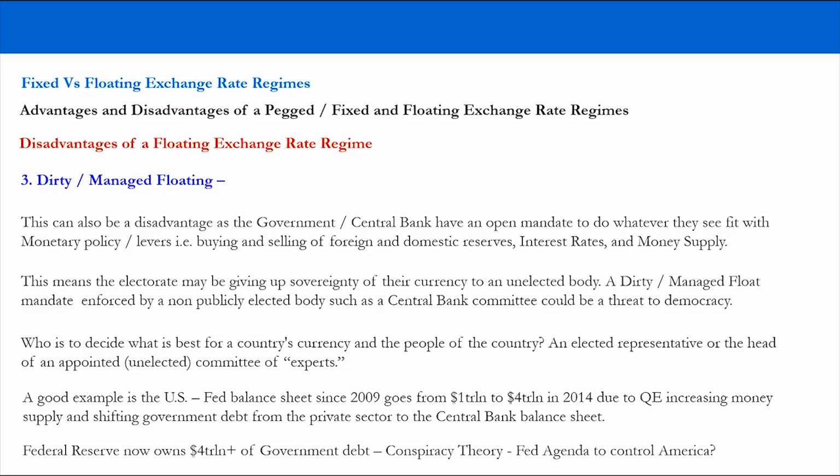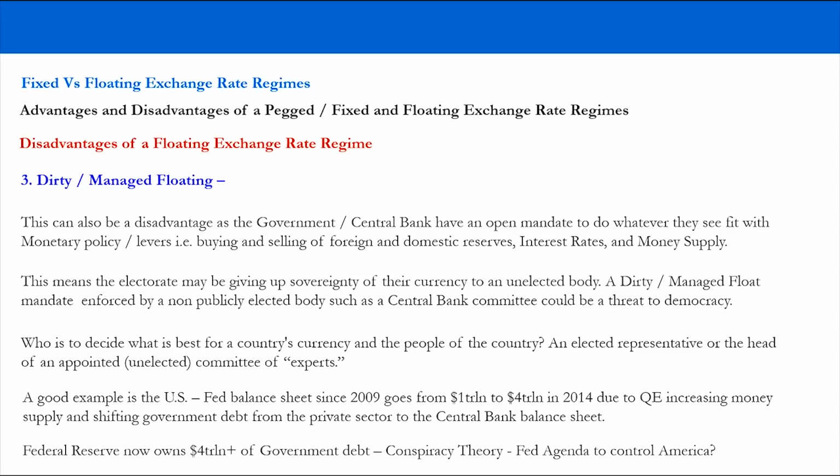But the Fed's balance sheet growing from 2009 from 1 trillion to 4 trillion in 2014 due to quantitative easing, as in increasing the money supply and shifting government debt from the private sector to the central bank balance sheet, because quantitative easing is the central bank essentially purchasing government bonds. And those bonds sit as assets on the Federal Reserve's balance sheet.